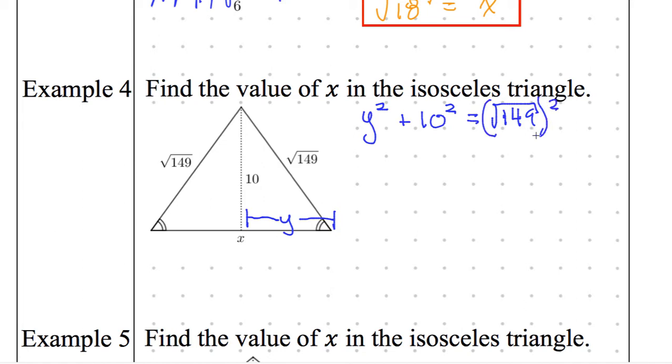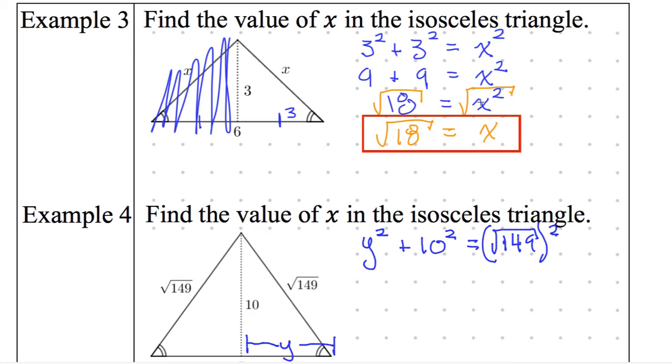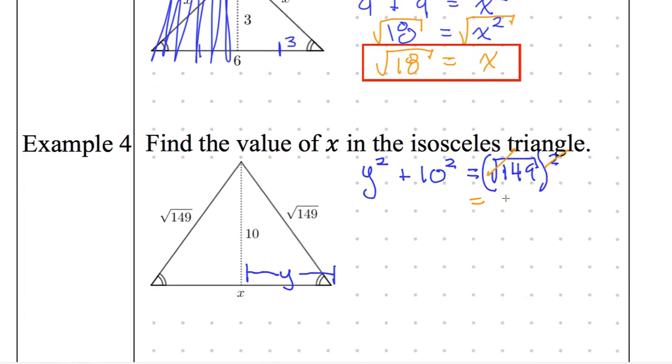We know from experience up here that if I have a square root and a square, the square can be on the inside or the outside. In this case, the square is on the outside, but they cancel each other out. So this square root and this square cancel each other out, and you're left with just 149 with no square root. And I can do 10 squared. 10 squared is just 100, and I still have y squared being added to this.